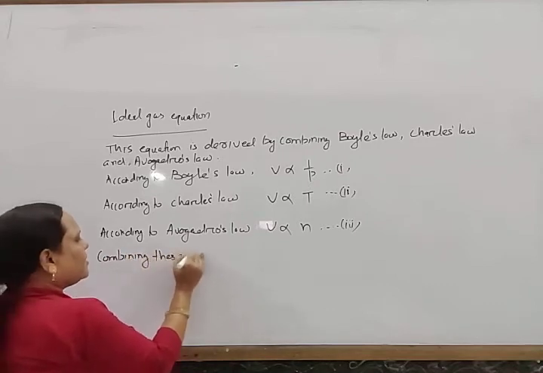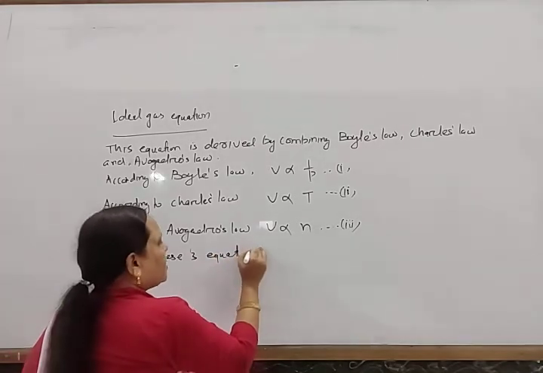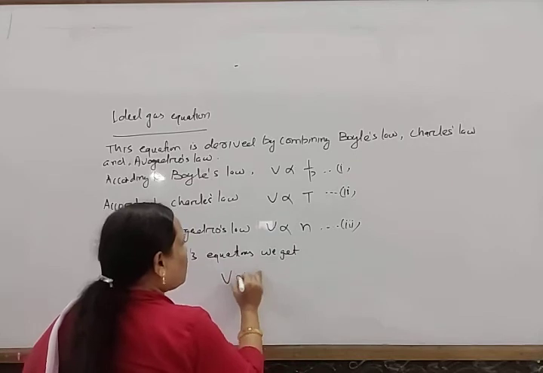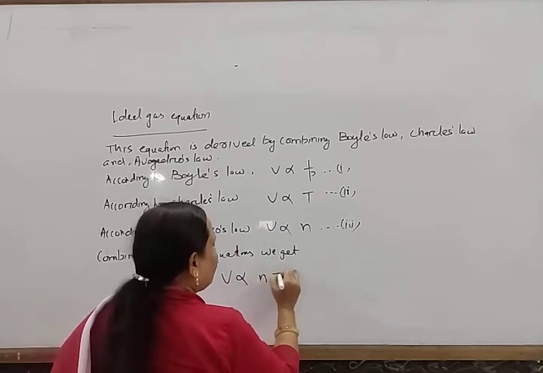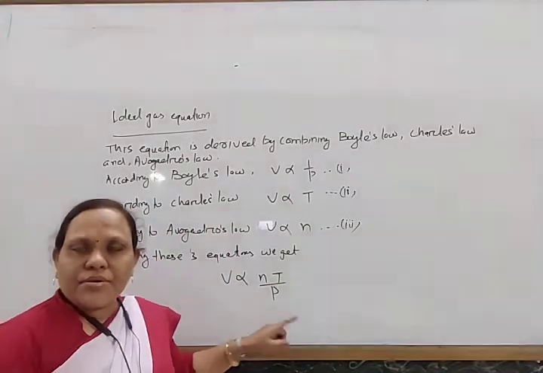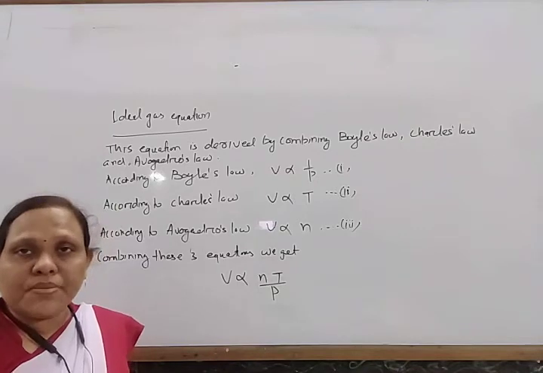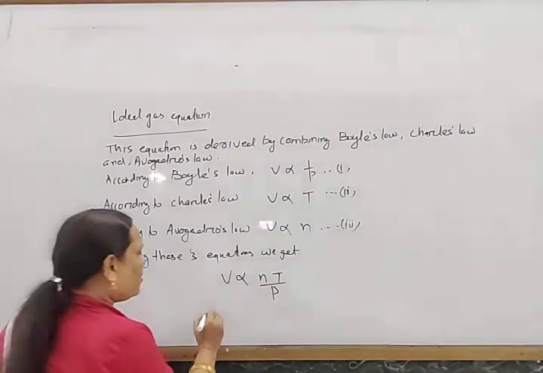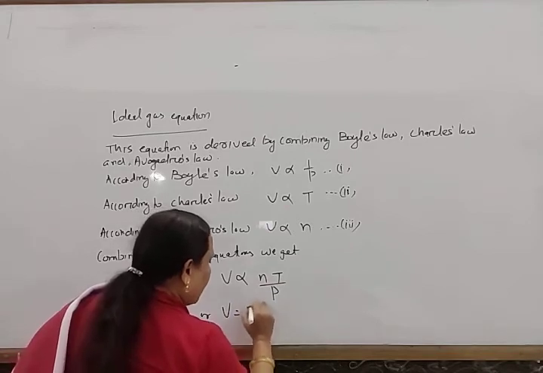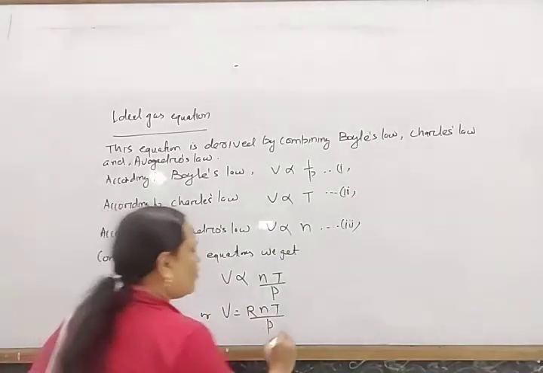Combining these three equations, we get V is proportional to NT by P. To make it equal, we have to multiply by a constant. Instead of K, here the constant multiplied is R, or V equal to some constant R and T by P.